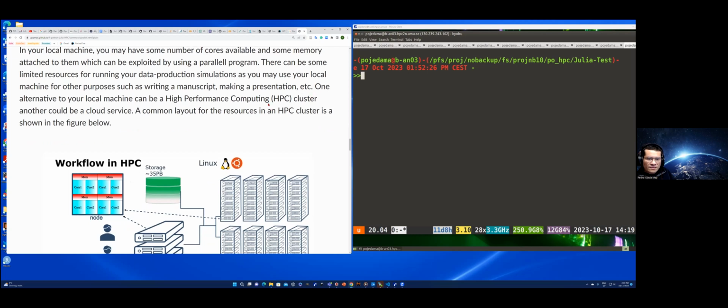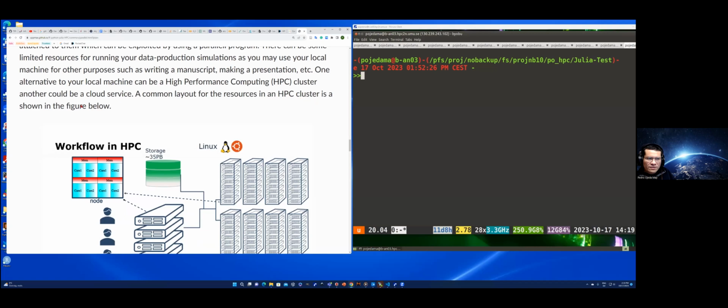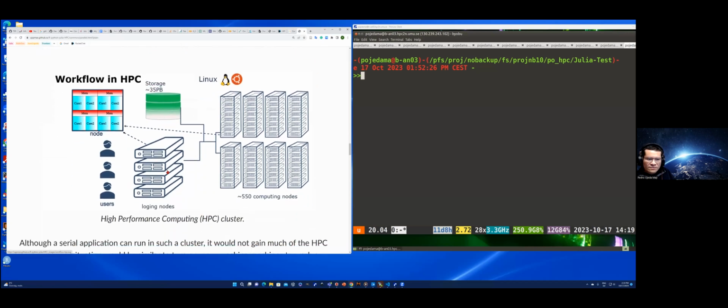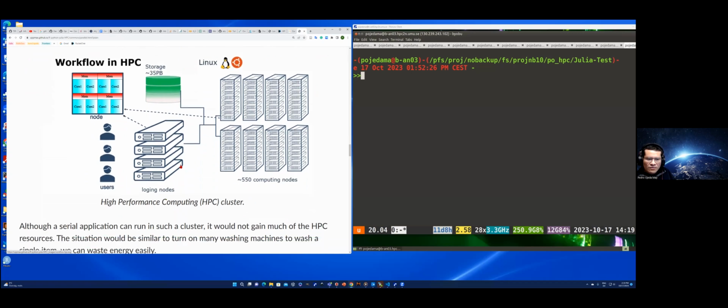And here, this is the alternative of our cluster at HPC2N or UPPMAX, or even you can use some cloud service. Here is the organization. I mentioned before that we have different types of nodes. I talked about one node, which is a standard one with 28 cores.